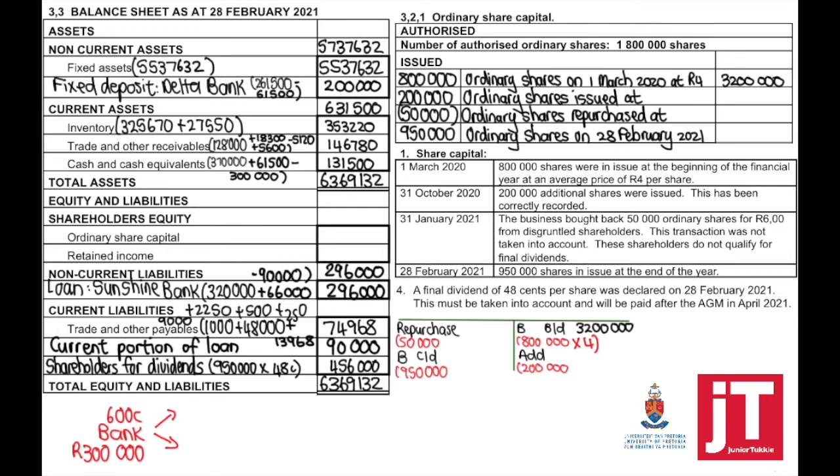But before we take it to the retained income note, I can now calculate my current liabilities. So if I've got my non-current liabilities, my current liabilities, and the total equity and liabilities, I can calculate the total shareholders' equity. If you look at your shareholders' equity now, I've got ordinary share capital and I've got the retained income.